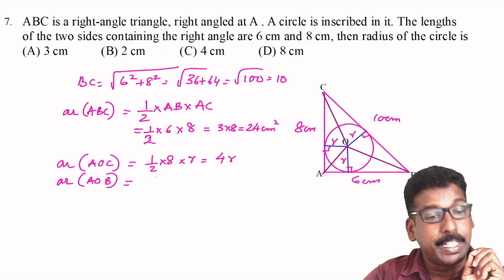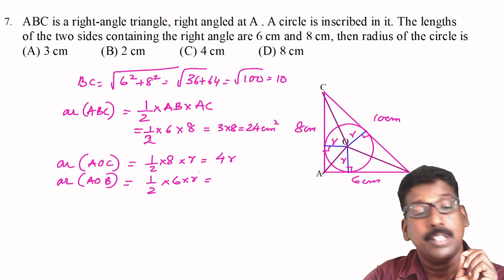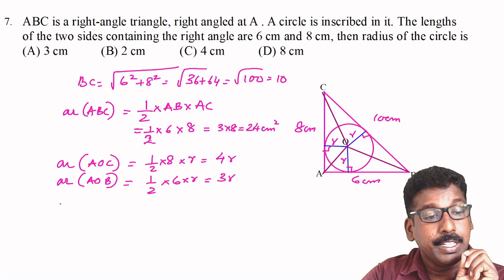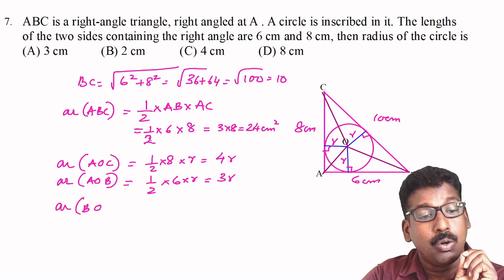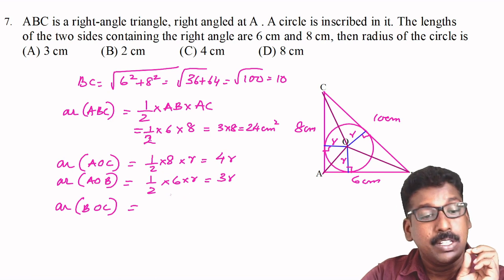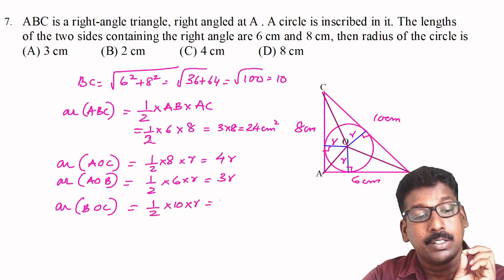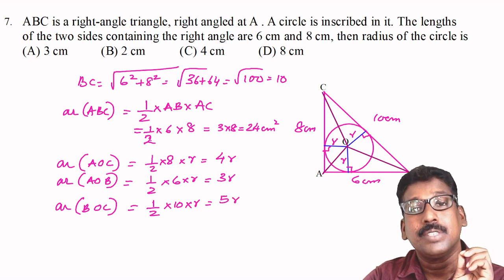Here base you can take as AB. So it is half into 6 into height, which is radius. So it is 3 into R, 3R. And area of BOC, you can take base as BC. So it is half into 10 into R, which is 5 into R, 5R.